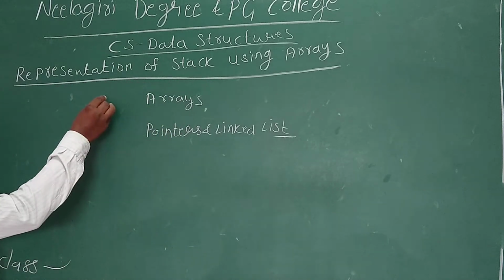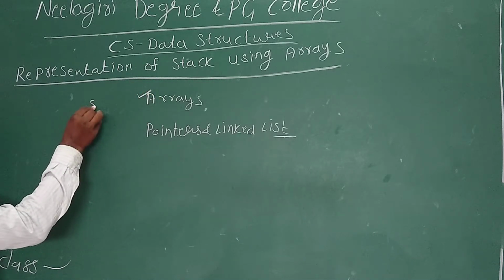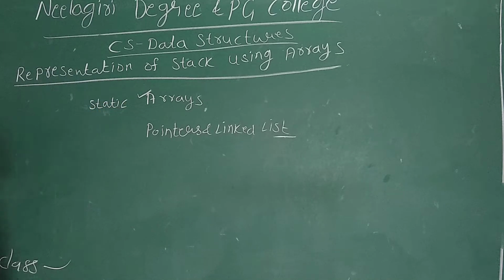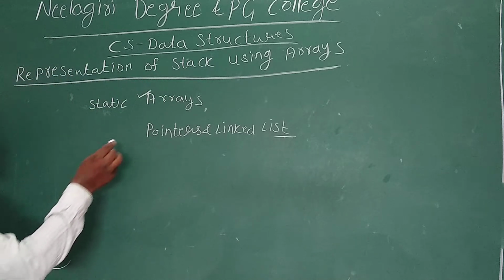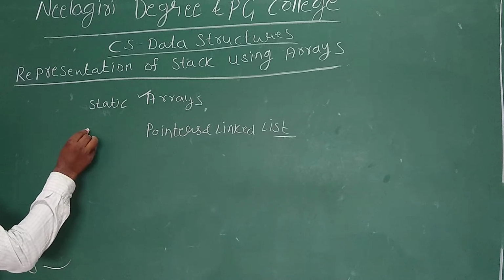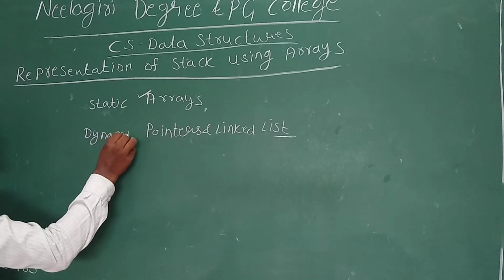If we represent a stack using an array, that is called a static data structure, a static stack. If we represent a stack using pointers and linked lists, that is called a dynamic data structure.